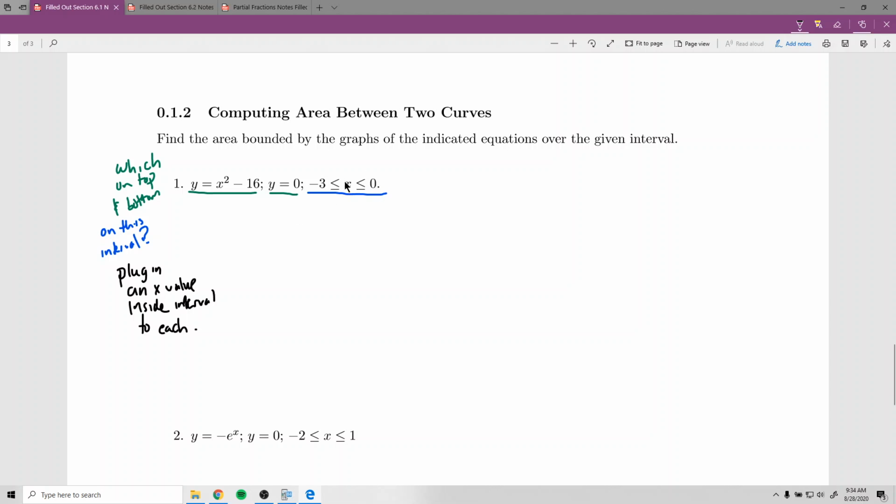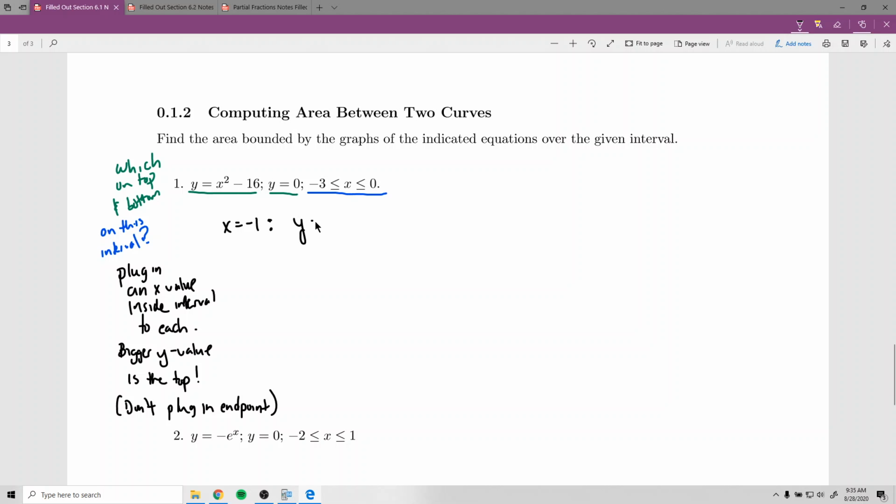The bigger y value corresponds to the top one. Right, so I'm just going to plug in -1. But as a general rule of thumb, don't plug in the endpoints. So I'm not going to plug in -3 or 0 like I mentioned. I'm going to plug in -1.